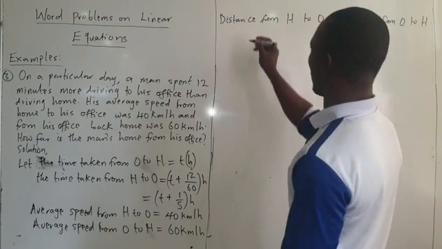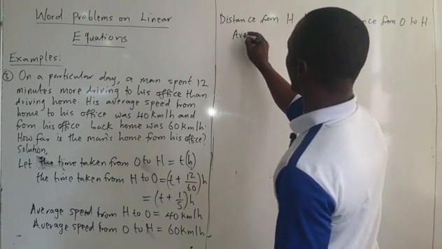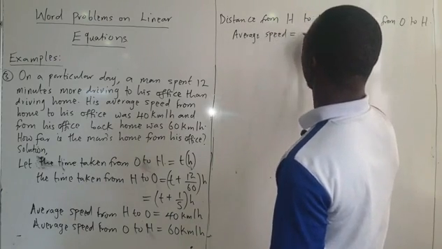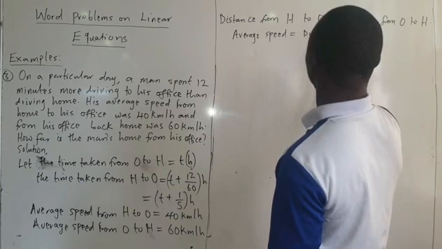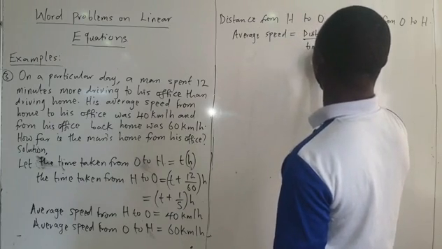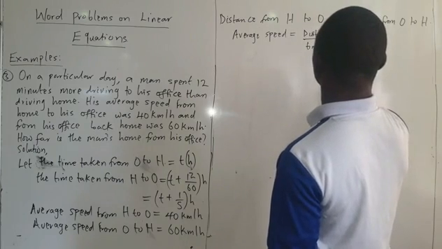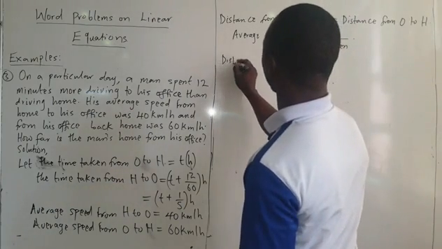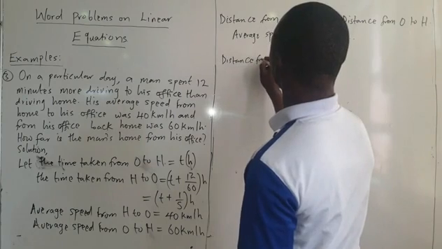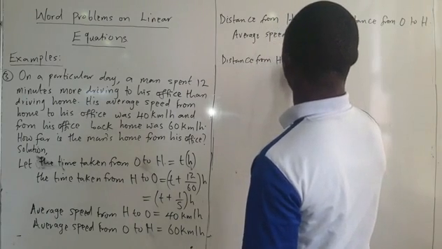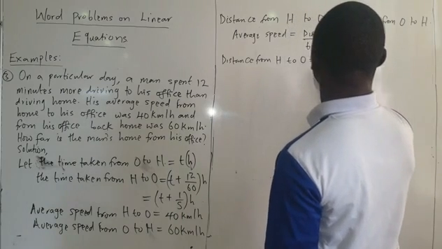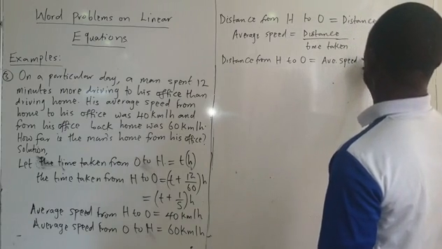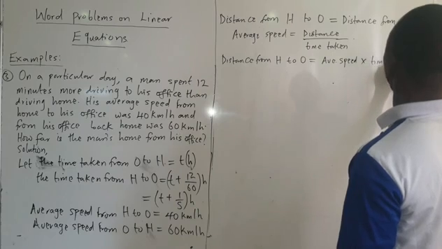So what is the average speed formula? Speed equals distance all over time taken. So we can now say distance from home to office equals average speed multiplied by time taken.